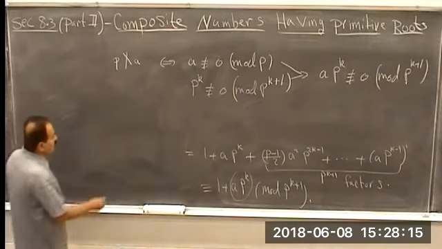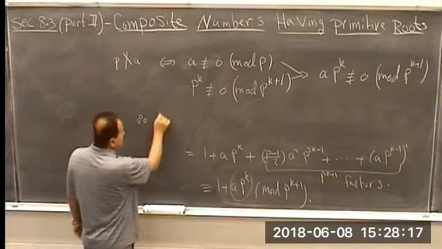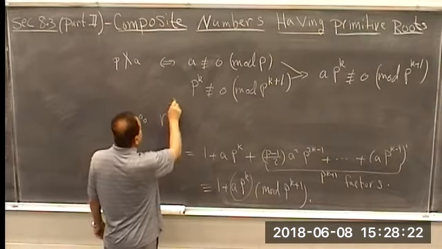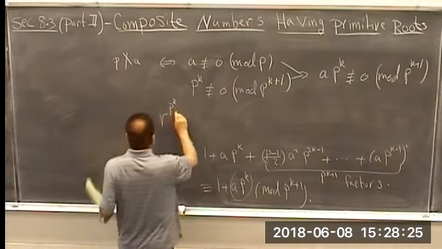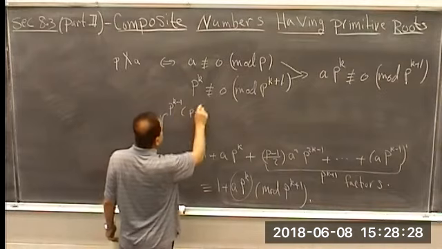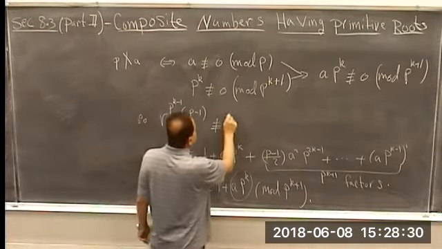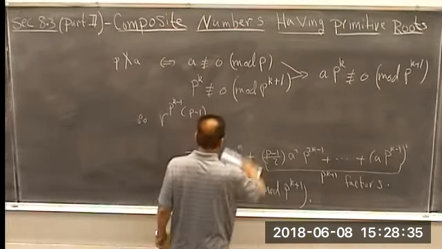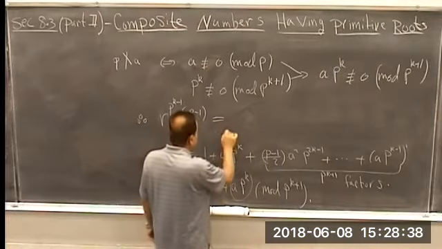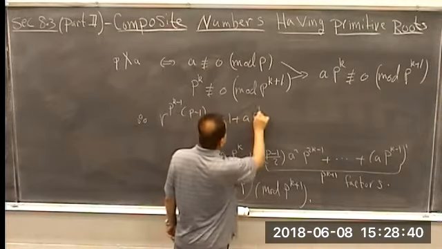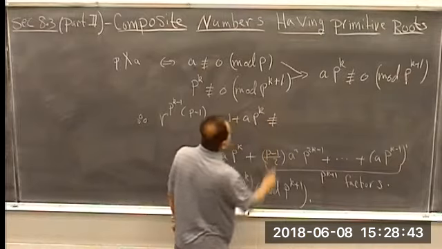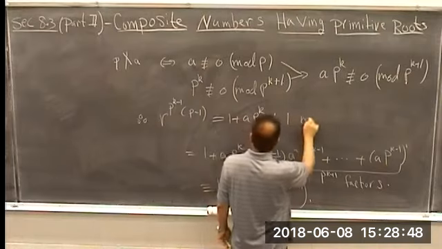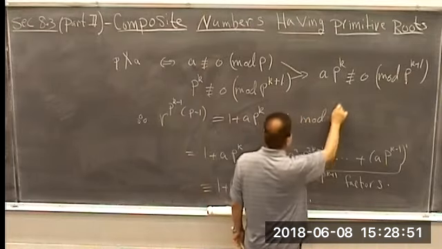All right. Therefore, our conclusion is r to the power p^(k-1)(p-1) is congruent to 1 plus a p to the k, and this is not congruent to 1 mod p to the k.